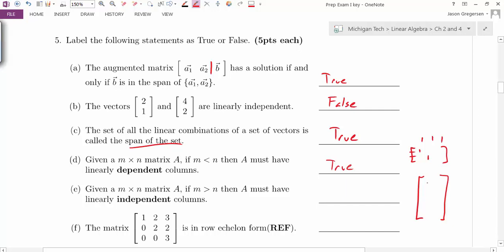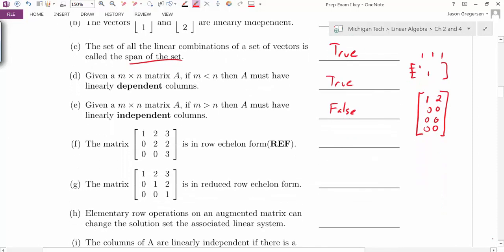Well, they certainly could be linearly independent because I could have a pivot position in each one of these columns, for instance. But do they have to be linearly independent? The answer is no. I certainly could have 2 columns that are just multiples of each other. In this case, I have a matrix, M by N, where M is greater than N, but those columns are not independent. So this statement is false.